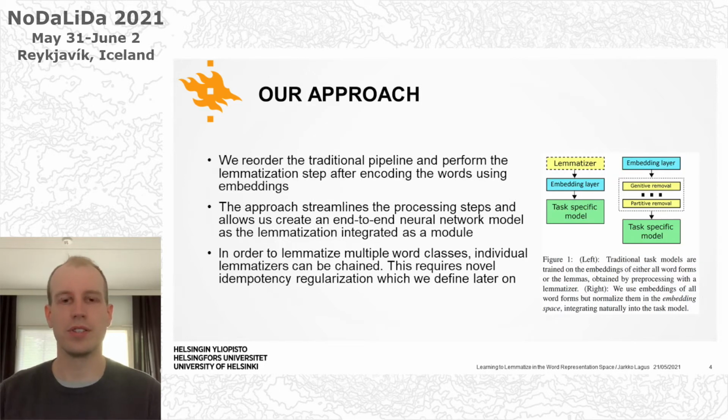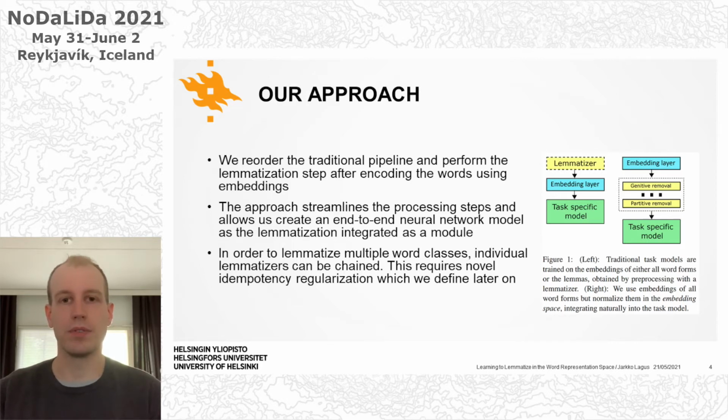Essentially we reorder the traditional pipeline, moving the lemmatizer from a pre-processing step to a part of the full pipeline. This streamlines the processing in a way that you can have one end-to-end model where this is integrated at the beginning of the pipeline, just after the word embedding encoding phase.